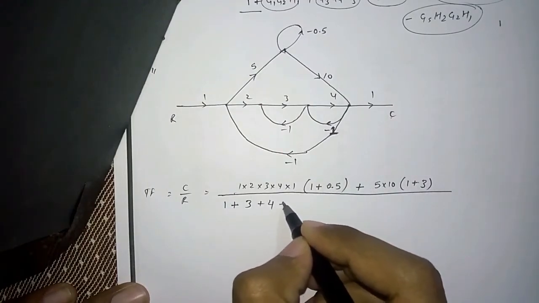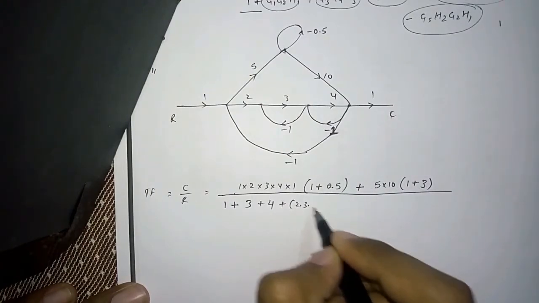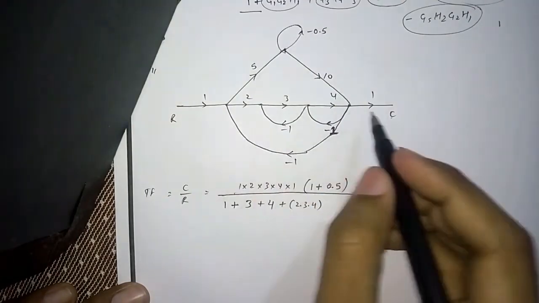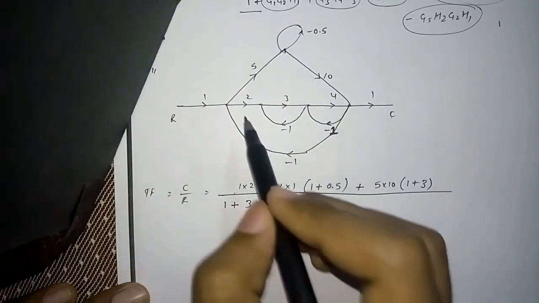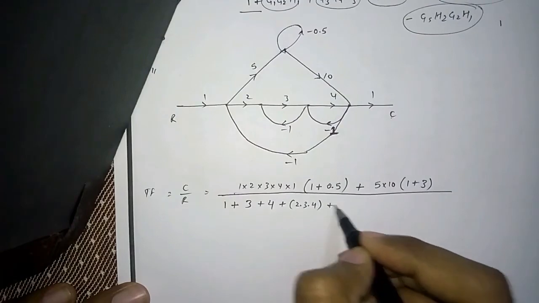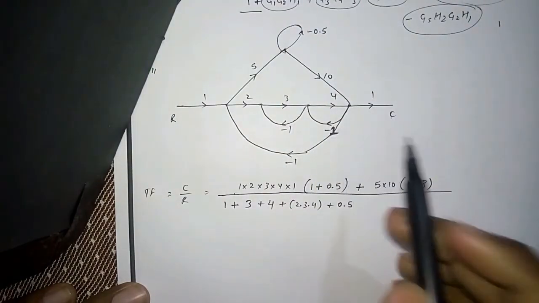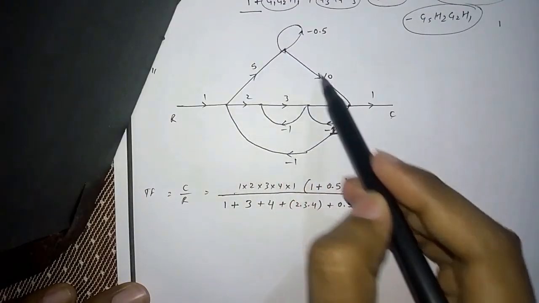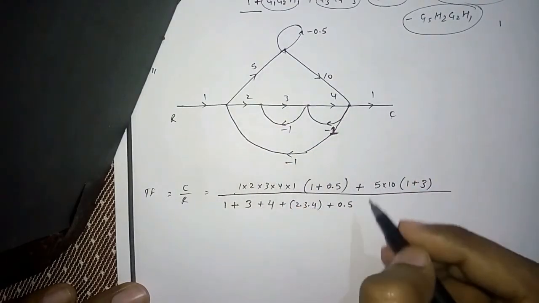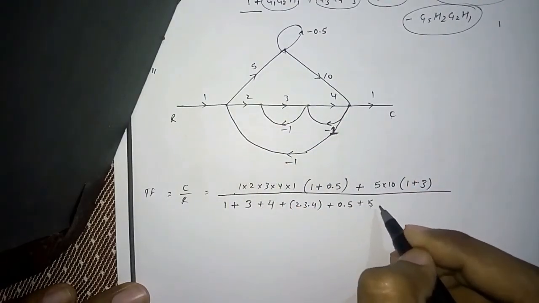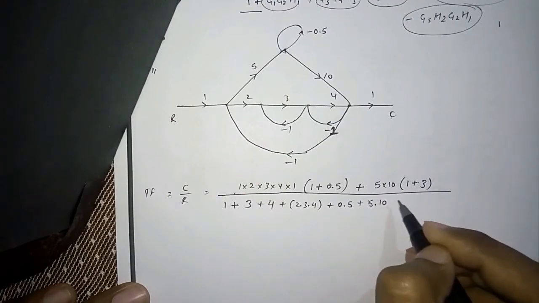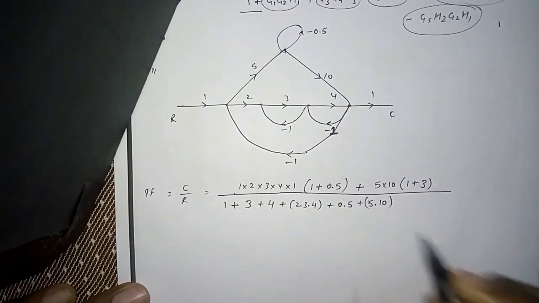So plus 2 3 and 4. And do we have another loop? Yes, we have this 0.5. We have the loop 5 10 and -1. So 5 into 10, just like this.